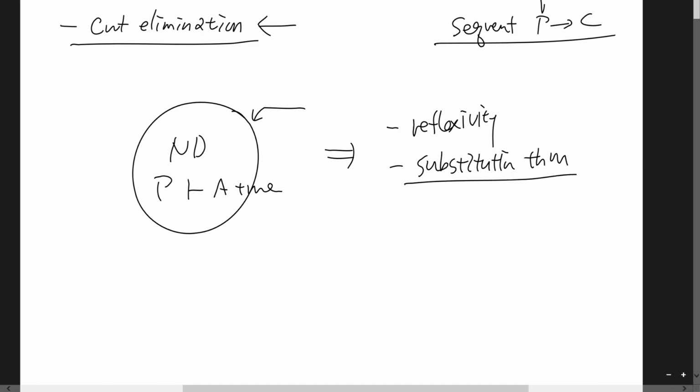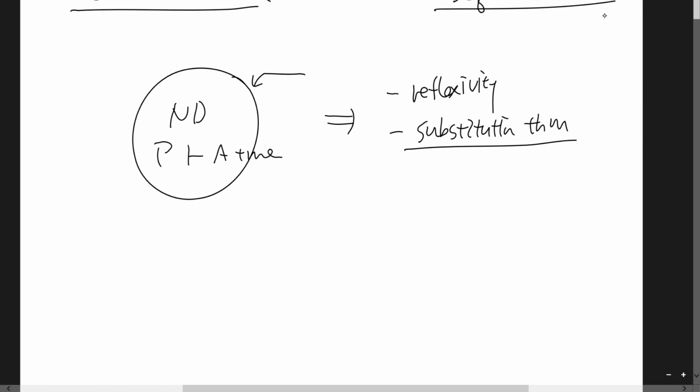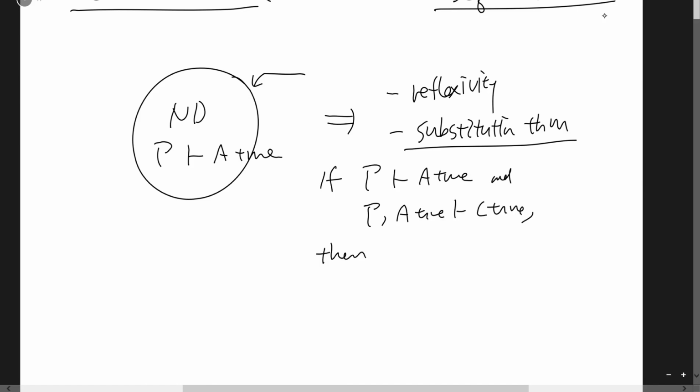This substitution theorem is stated like this: if gamma turnstile A true and gamma, A true turnstile C true, then we have gamma turnstile C true.